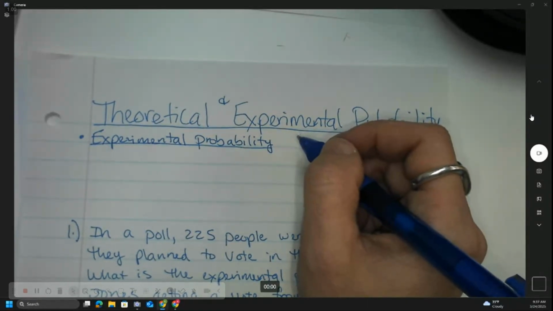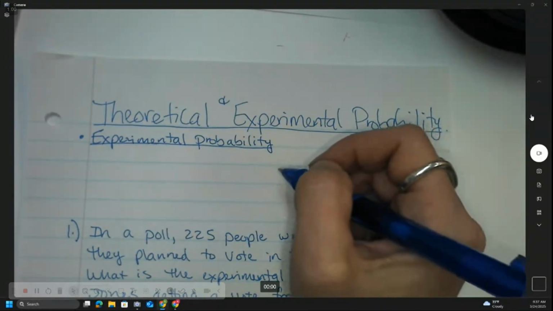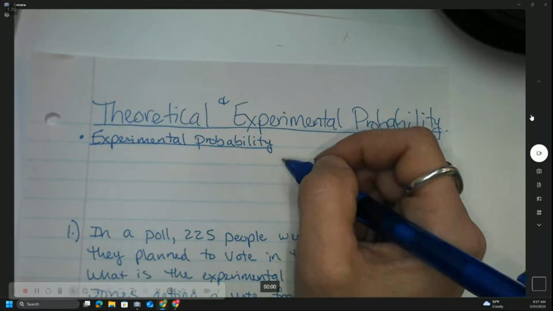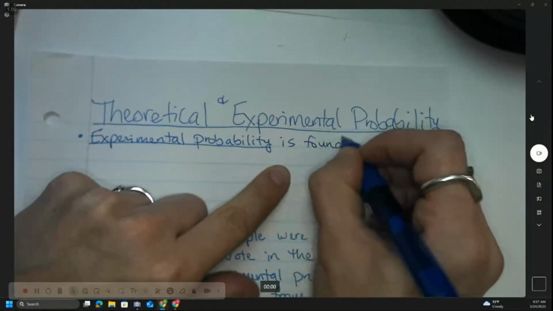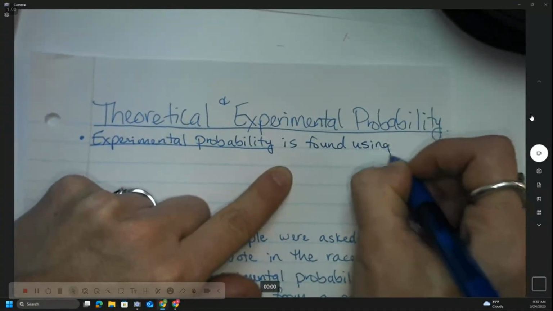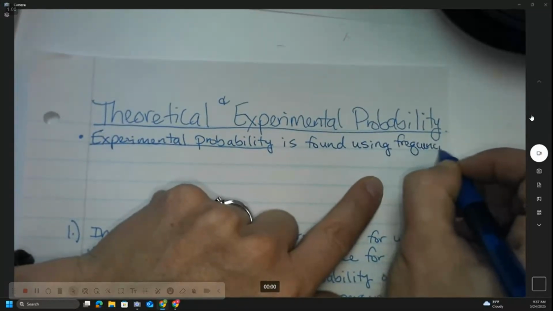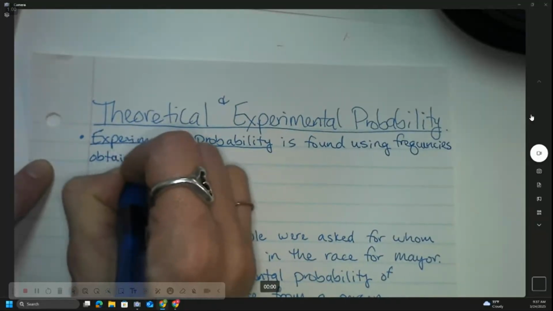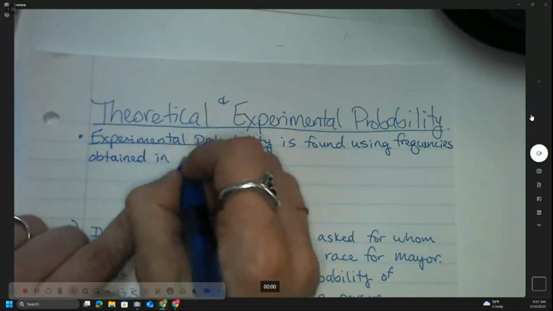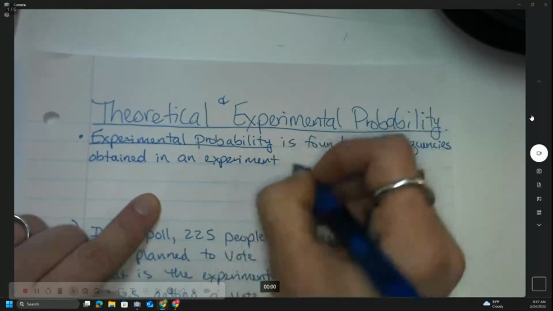So, and again, it's like what you actually predict what your outcome is going to be, when a theory is already what's expecting. So let's write it. It's found using frequencies. So you're going to see some statistics today. Frequencies, data, obtained, which means received, in an experiment or game.